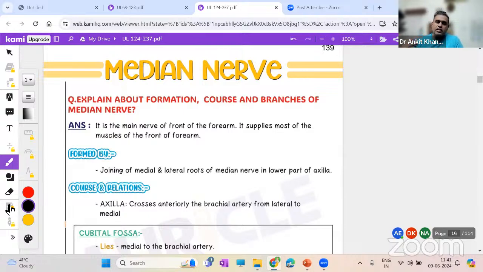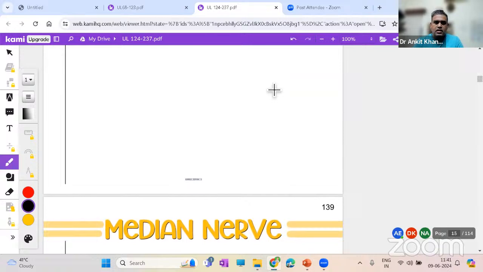We should know from the beginning that it is coming from the cords of the brachial plexus, from the medial root and lateral root of the median nerve. So both the medial and lateral cords contribute to the formation of the median nerve.